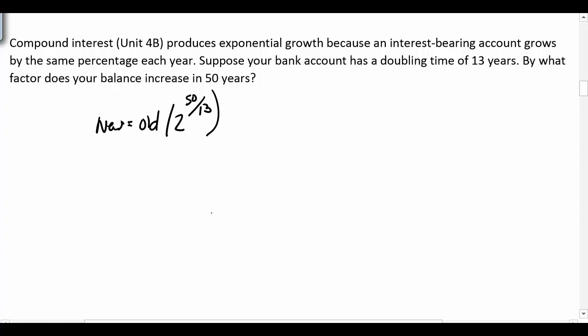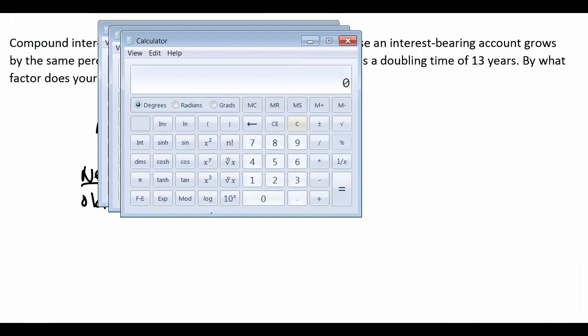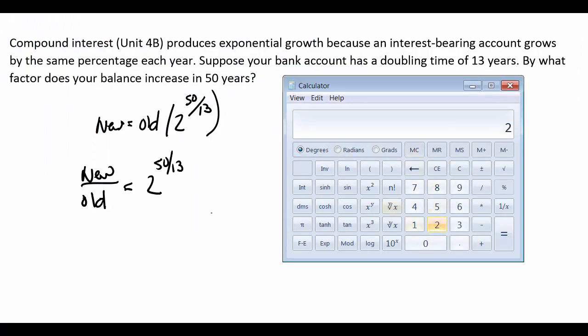Okay, to give you an idea of what we're talking about here, we're looking at by what percent our account would grow. So the new over old, if we calculate that, is 2 to the 50 over 13. Let me get a calculator out here. 2 raised to the (50 divided by 13), closing that off, would be 14.38.